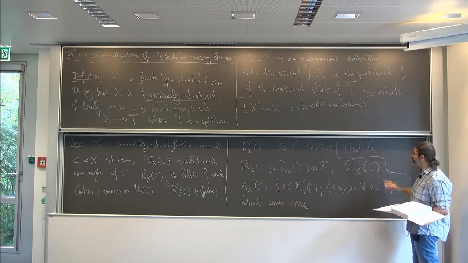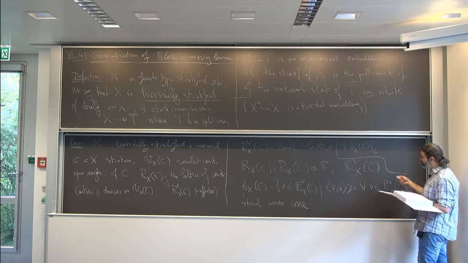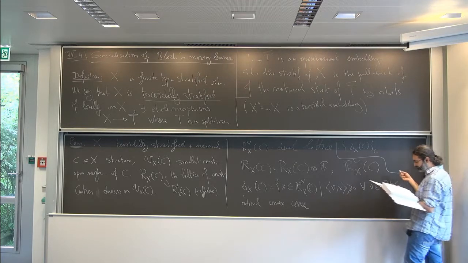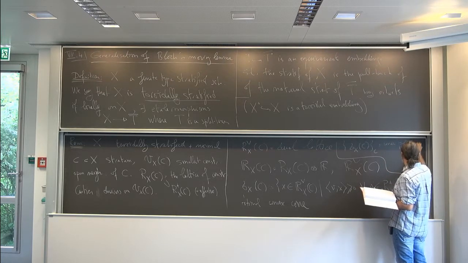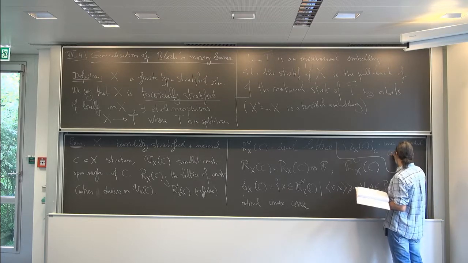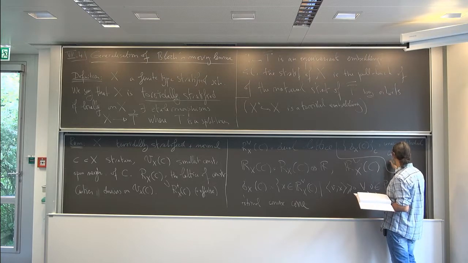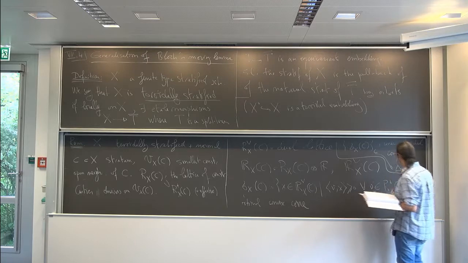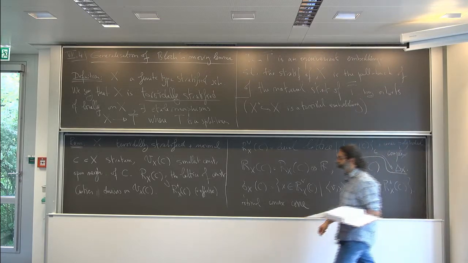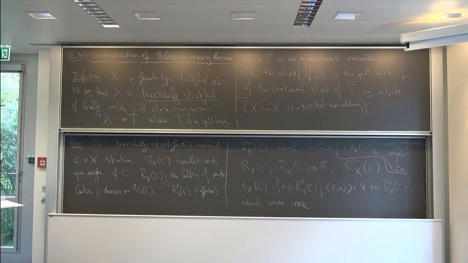The collection of all these cones and their inclusions is something that people call a conic polyhedral complex, which is associated to X and is denoted by Delta_X.